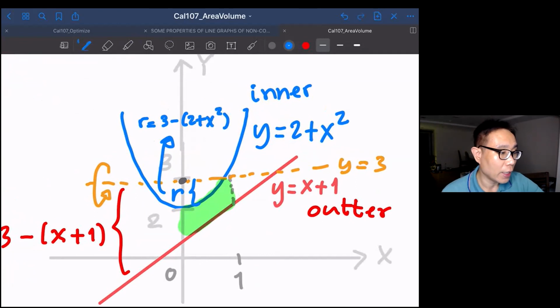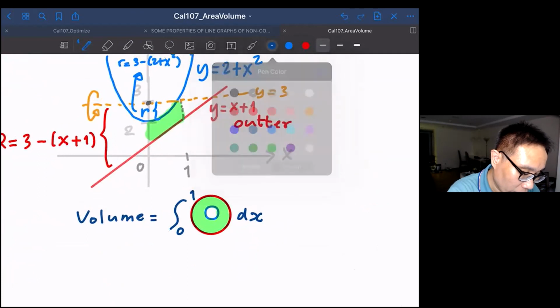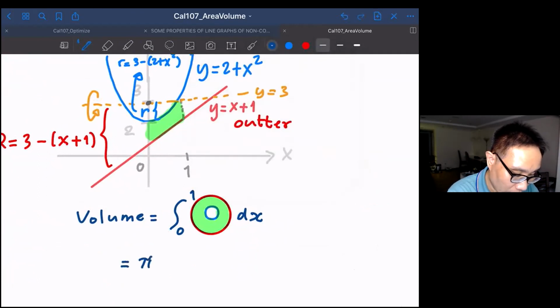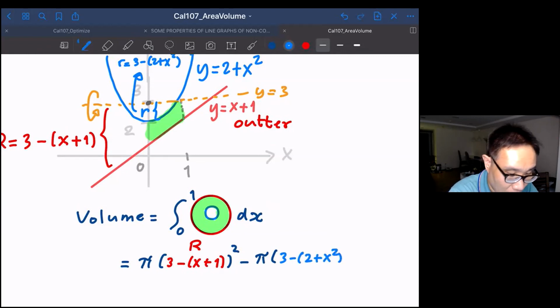Okay, and now you have the integral that you're looking for. It's going to be pi times your capital R, which is 3 minus (x plus 1), squared, minus pi times your small r, which is 3 minus (2 plus x squared), and you square this one.